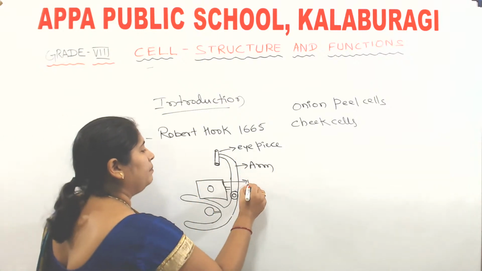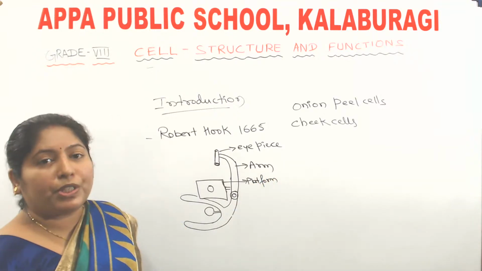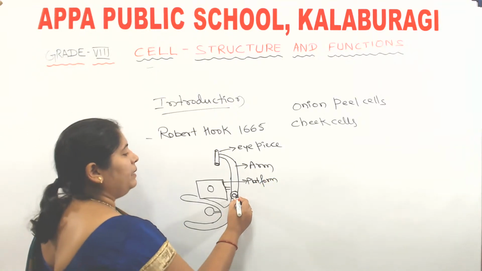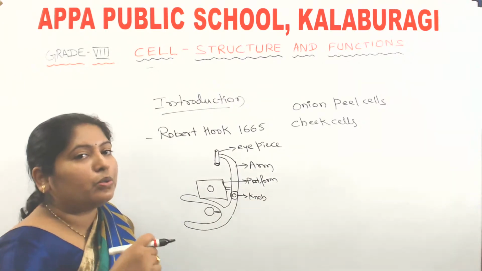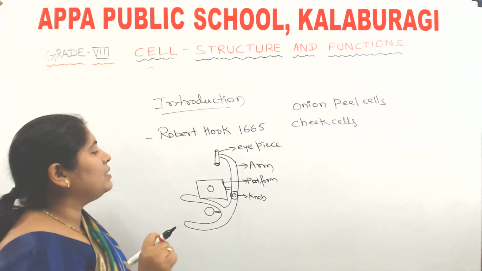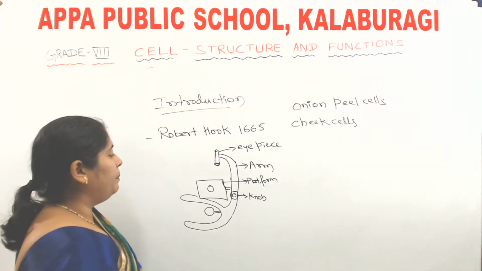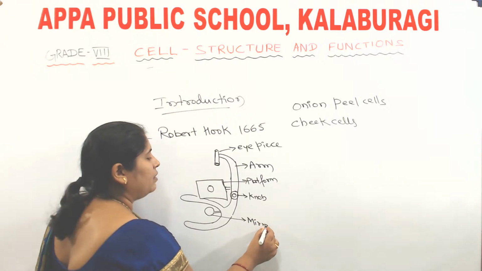This is the platform where we keep our slide with the object. These are the adjusting knobs. To observe a clear picture of the object, we need to adjust these rotating knobs. And this is the mirror.